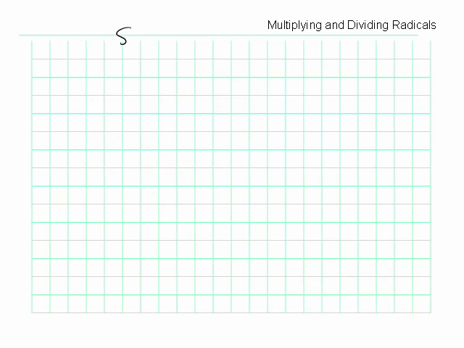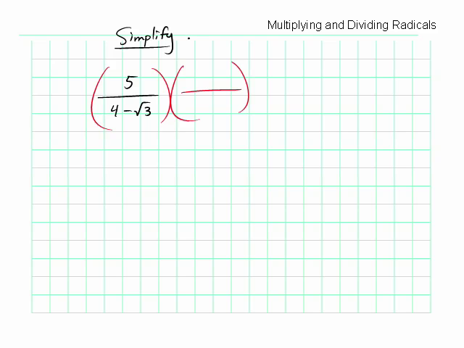Here's another one. Five over 4 minus square root 3. To simplify this fraction, I'm going to multiply top and bottom by the conjugate. Four plus square root 3 over 4 plus square root 3. So if I put this together, I get 5 times 4 plus square root 3 in the numerator over.